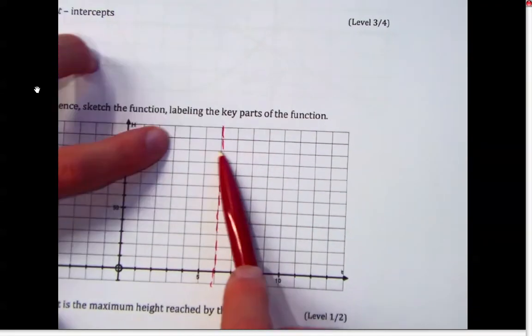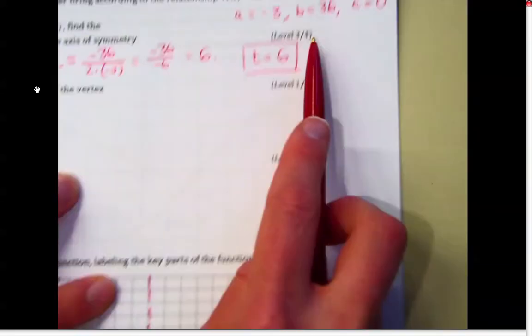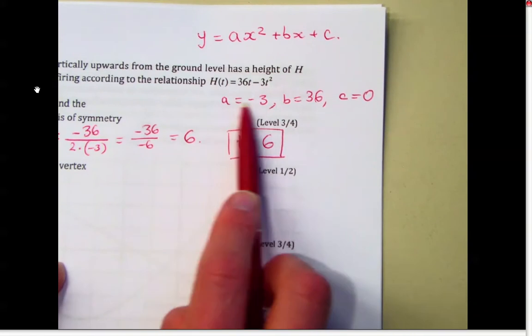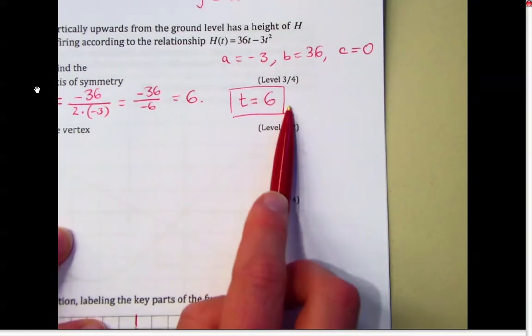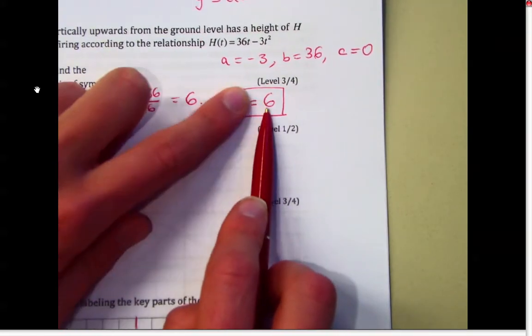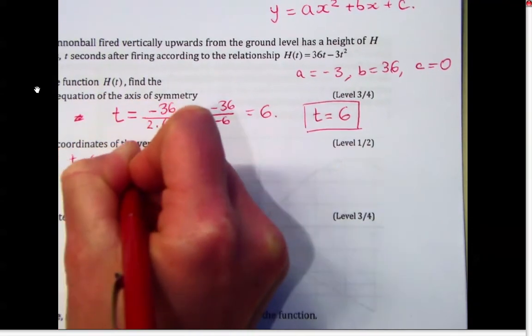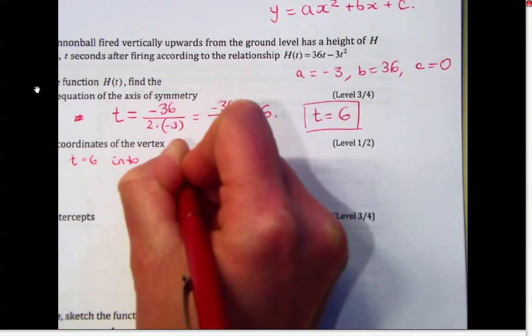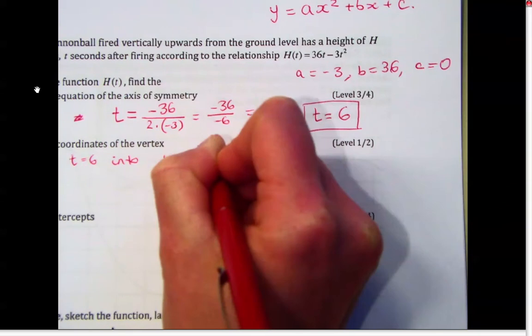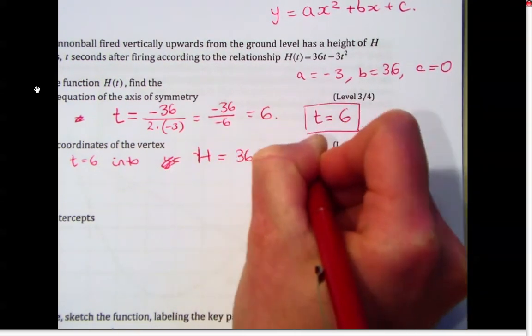I know two things about that maximum. That vertex, I know it's on the line h equals 36t minus 3t squared, and it's also on the line t equals 6. So I already know one of its coordinates: 6. So I'm going to sub t equals 6 into the equation h equals 36t minus 3t squared.